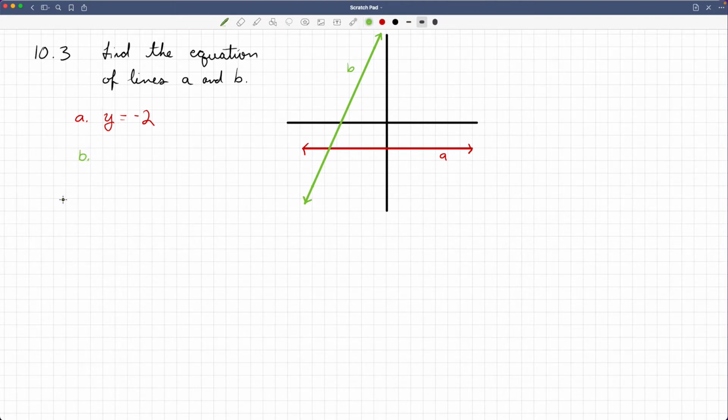B is going to be a little bit more complicated. We've got to find some points, and we've got to figure out the slope. This is our format because there is an angle to the line: y equals mx plus b. So first of all, let's find an intersection point, and here's one at 6 and -1.